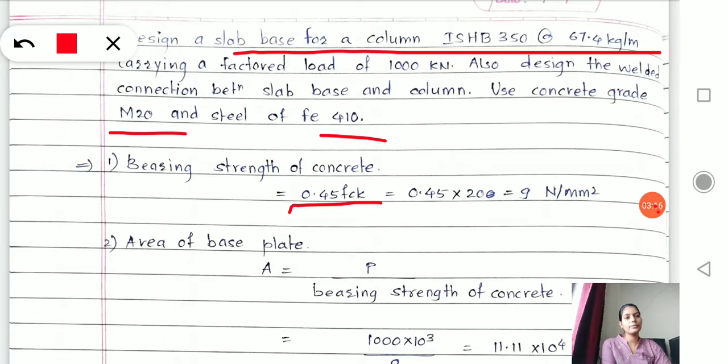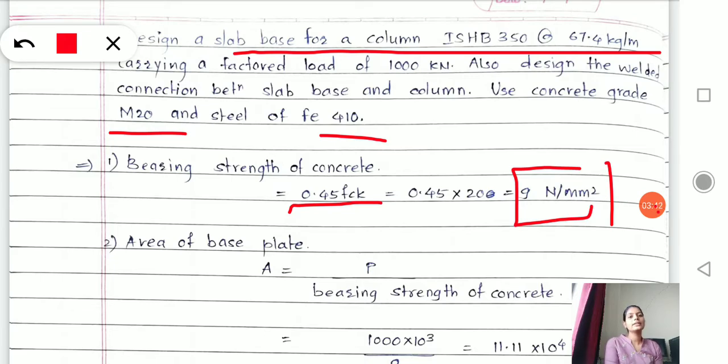So it will be 0.45 into 20, and how much did we calculate? 9 Newton per mm square. If you want to understand it, take the pedestal as having a certain surface area. Each 1 mm by 1 mm of that surface area can carry 9 Newton load.